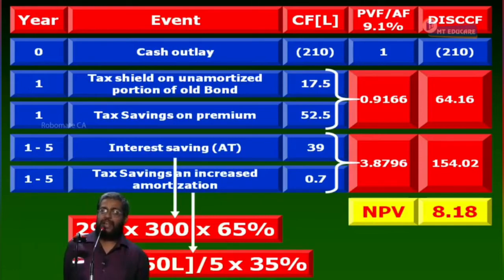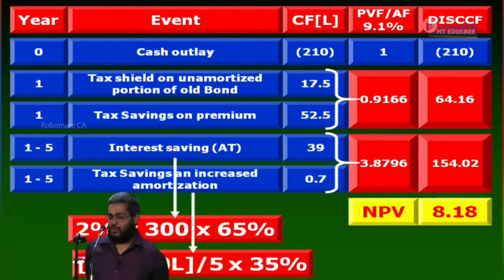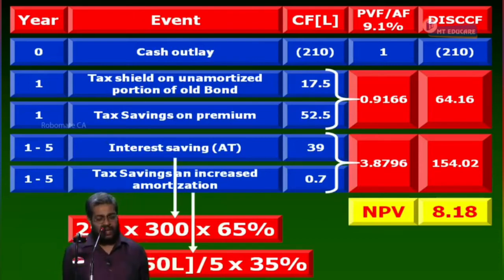Interest savings after tax is equal to, what is the face value? 3,000 lakhs into how much percent do I save? 2%. 3,000 lakhs into 2% into 1 minus 0.35, that is 1 minus the tax rate.